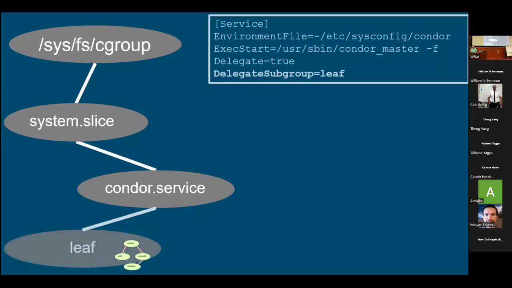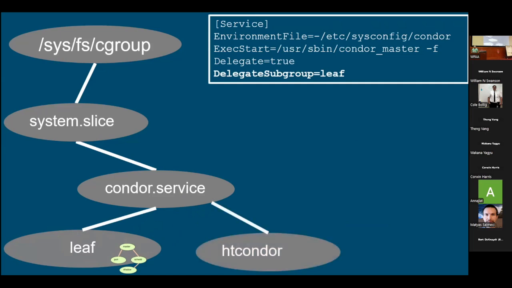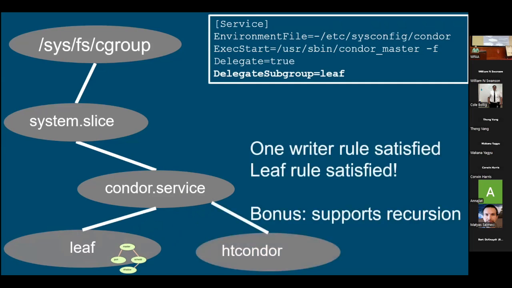It turns out that when we start up in systemd, there's also a knob that we set now, DelegateSubgroup, which puts the actual service jobs in a subcgroup of the one it creates for Condor. Then we can go up and over one and create our jobs under there. This satisfies all our constraints.